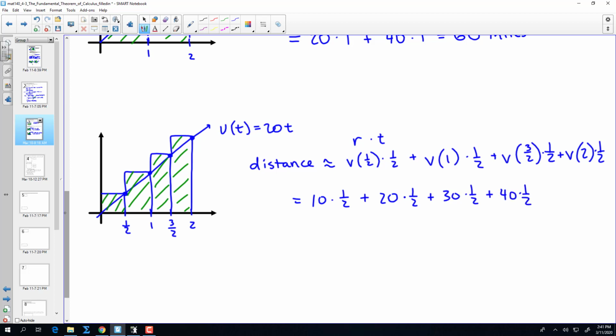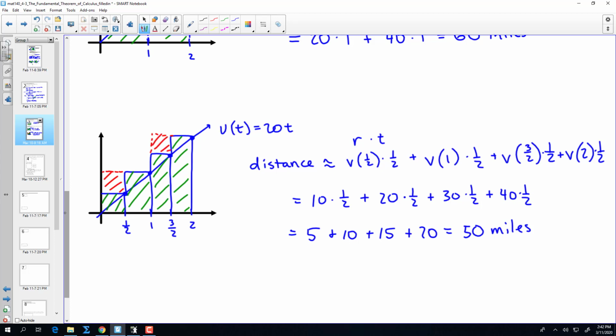All right, so 5 plus 10 plus 15 plus 20. 20 and 10 is 30, plus another 20 is 50. So now we have an estimate of the car traveling 50 miles, which is a slightly better estimate because there's less error here. And I know that there's less error because the previous estimate also included this region and this region. So it at least knocked off that amount and got a better estimate.